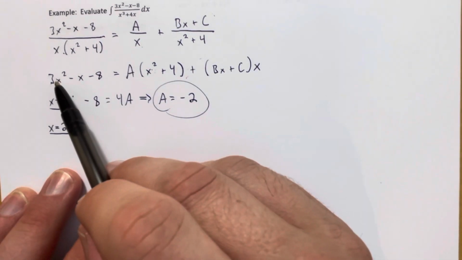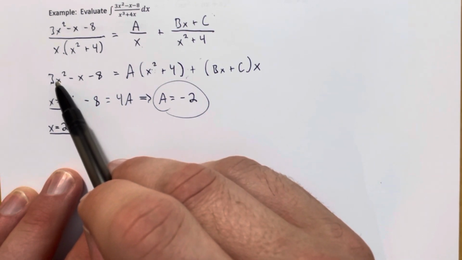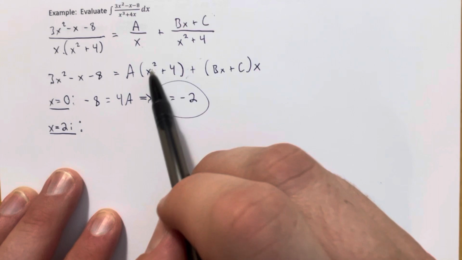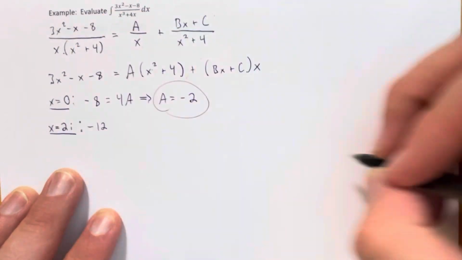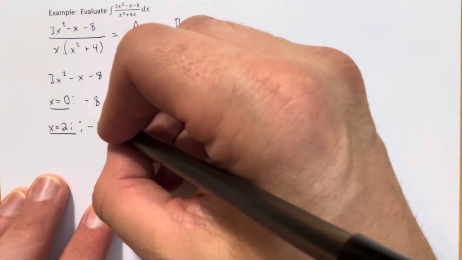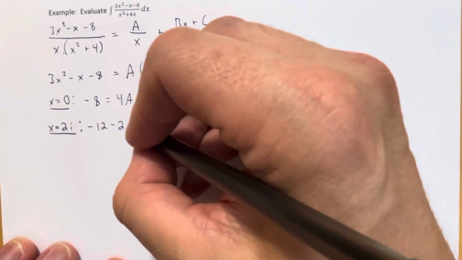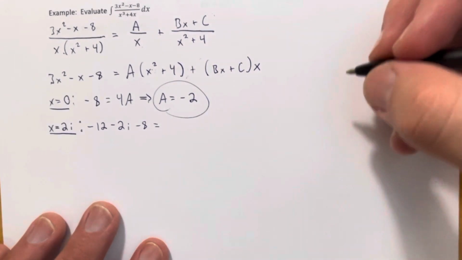So once again, 2i, when I plug it in here, 2i squared was -4. Then I'm going to multiply that by 3 to get -12. Okay? Minus x, we're plugging in 2i, so I get minus 2i minus 8. That's the left-hand side, and we'll combine some stuff in a second.